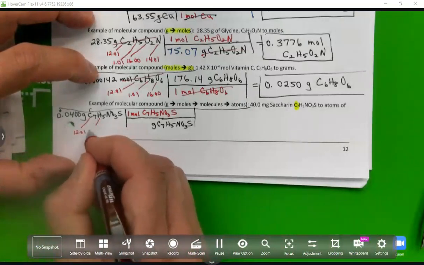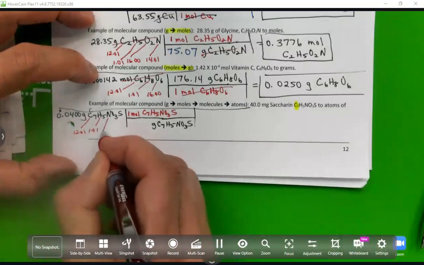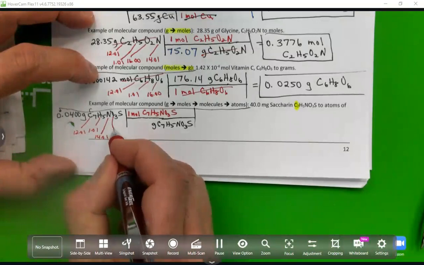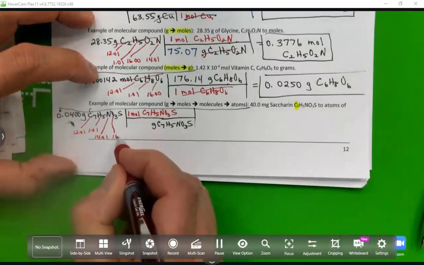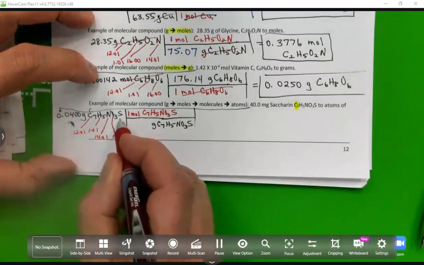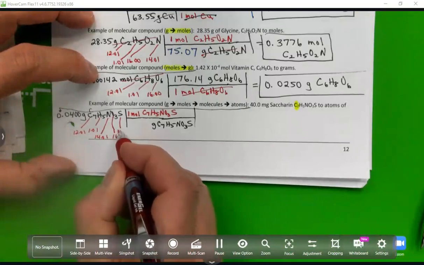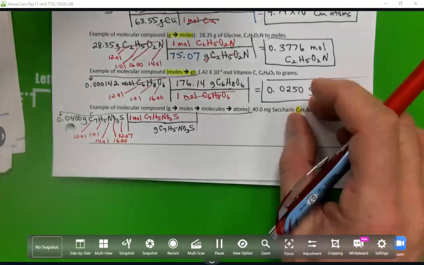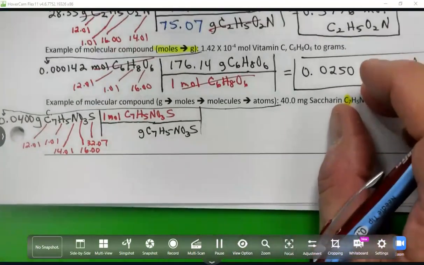Twelve point oh one, 1.01, 14.01, 16, and 32.07 is what you'd get looking on your periodic table, the 2 decimal places.